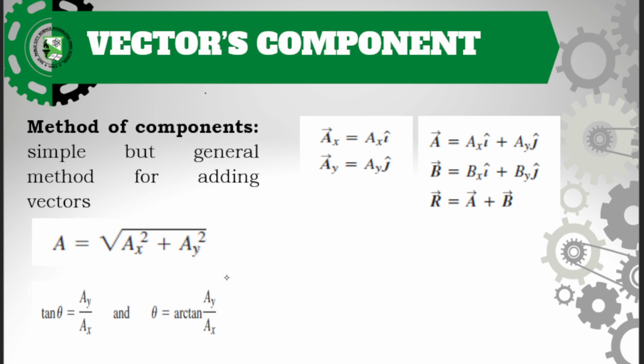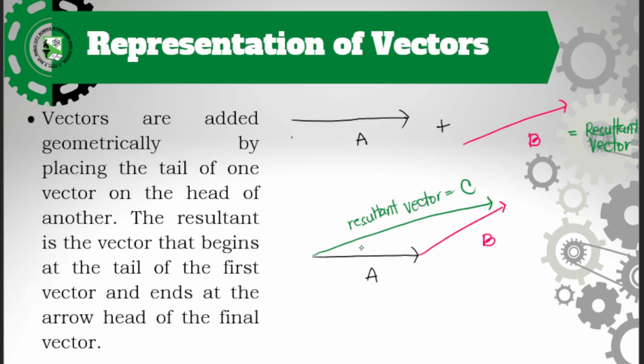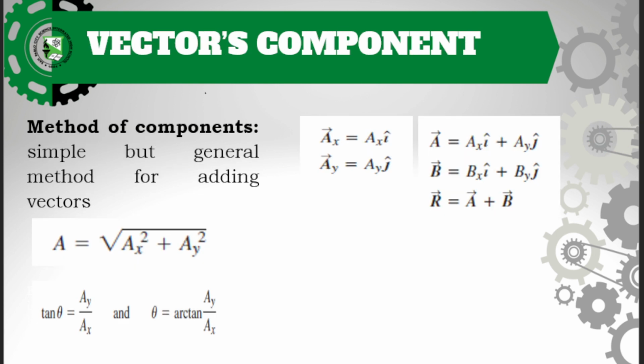Meron tayong mga vectors that are inclined at a specific angle. So, for example, balikan natin to. Yung resultant vector natin, papunta dito. Paano natin madidistinguish yung components of vector C?